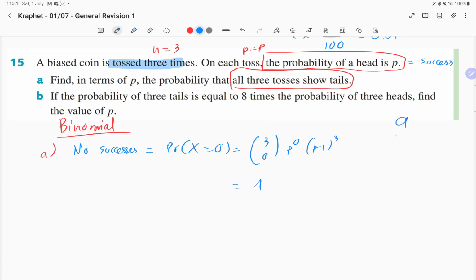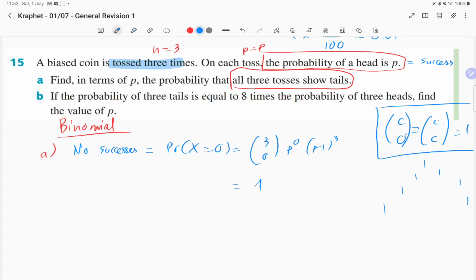So remember, nC0 is always the same as nCn, which is always 1. The reason is, remember Pascal's triangle, it always starts with 1 and ends with 1.